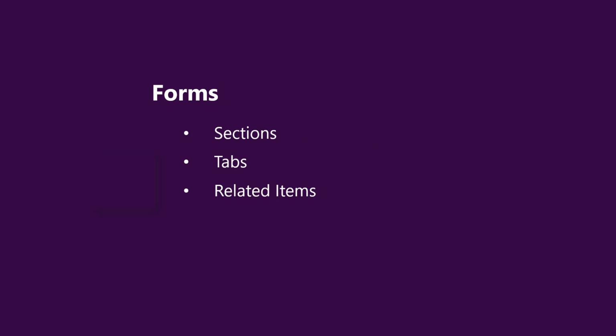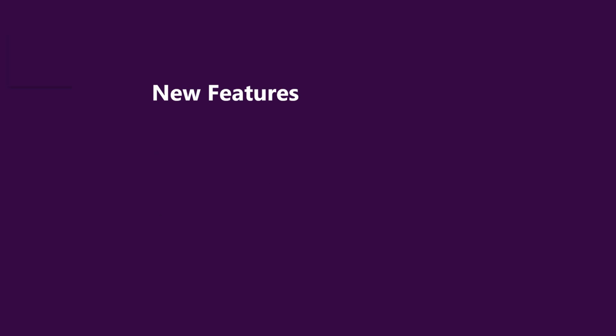And we went through forms. I showed you the sections, how they have borders, the tabs and how to navigate between different tabs in version 8.2 versus version 9.0. And I also showed you related items, how you can pull up items related to another object.